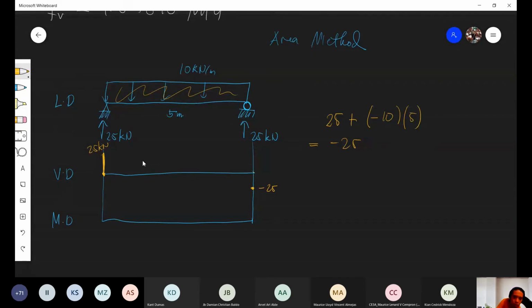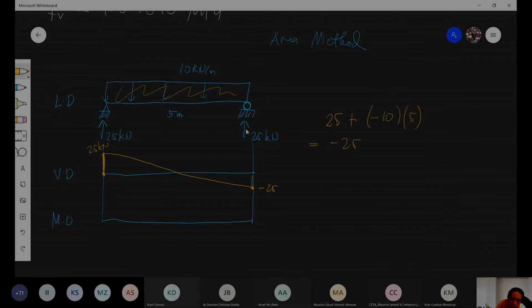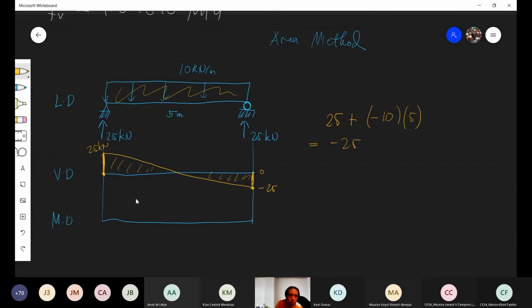If the degree of the line is 1, it means it is a straight, inclined line. Then from here, since there is an applied load, a point load, it jumps.